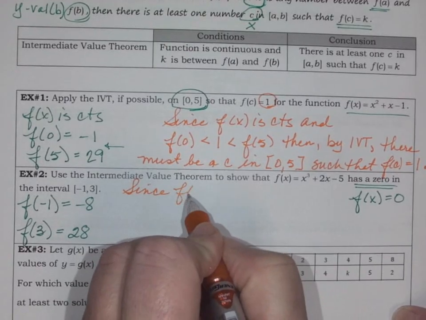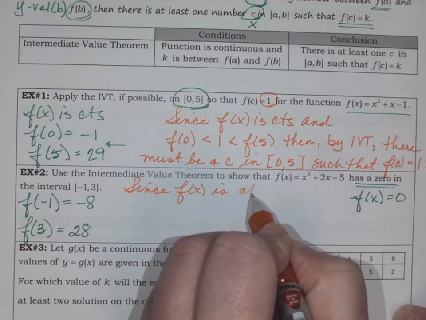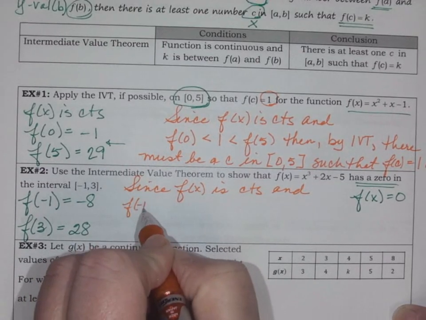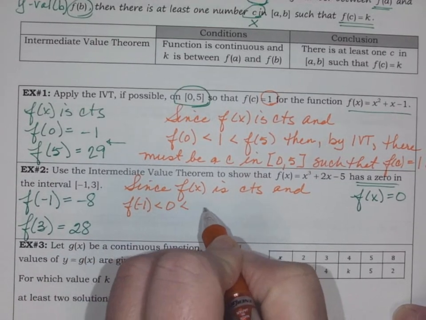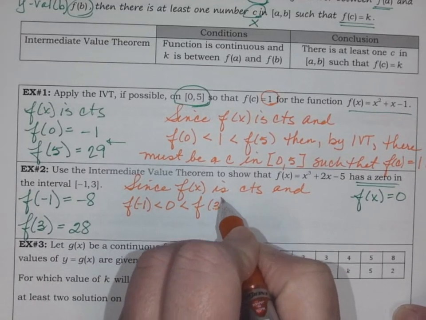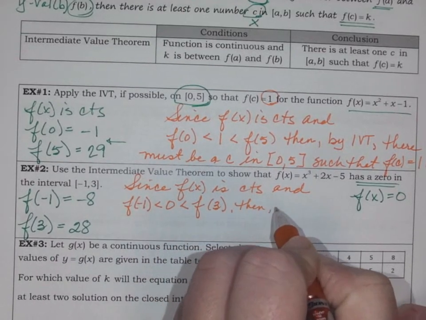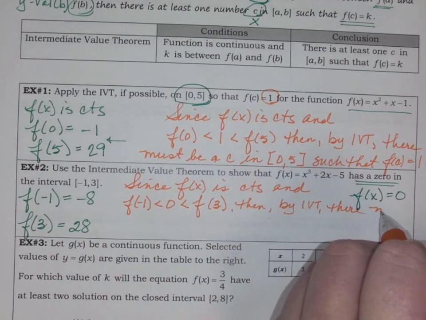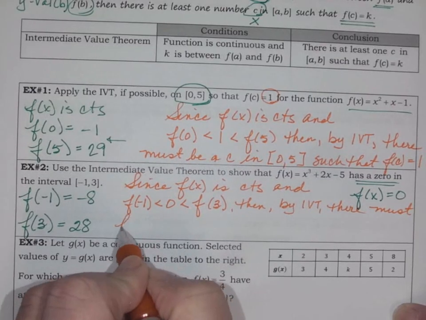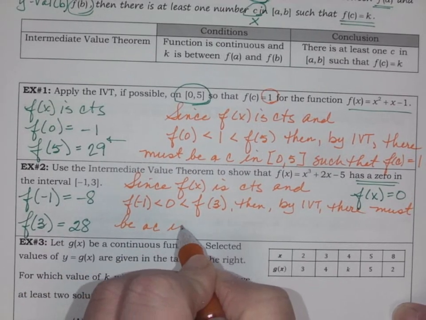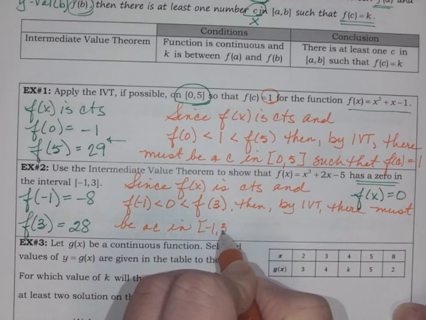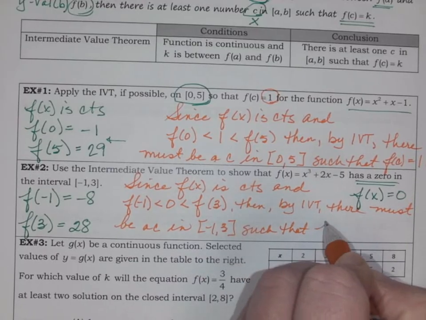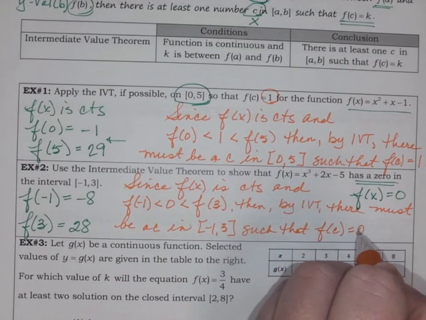Since f(x) is continuous and f(-1) is less than 0 is less than f(3), then by IVT, there must be a c in our interval [-1, 3] such that f(c) is equal to 0.